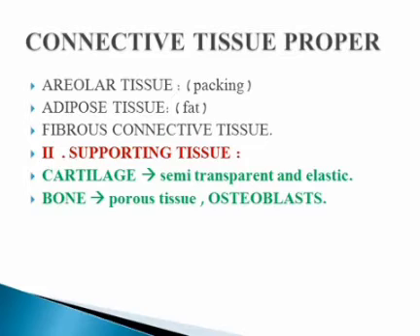What is this areolar tissue? This areolar tissue is present beneath the epidermis of the skin, and it makes the skin elastic and helps it to withstand pulling strain. So it gives elasticity to the skin.